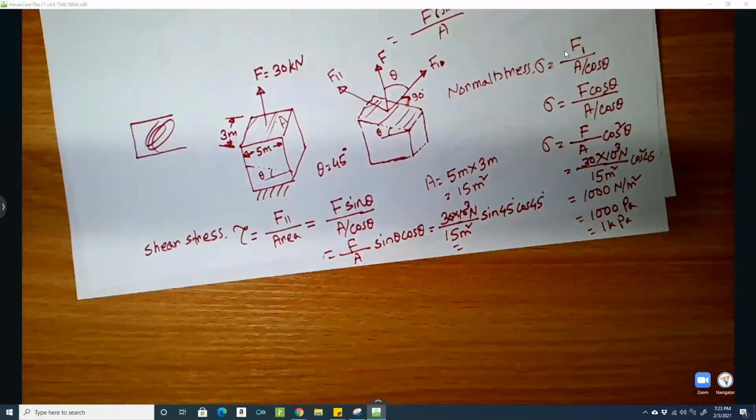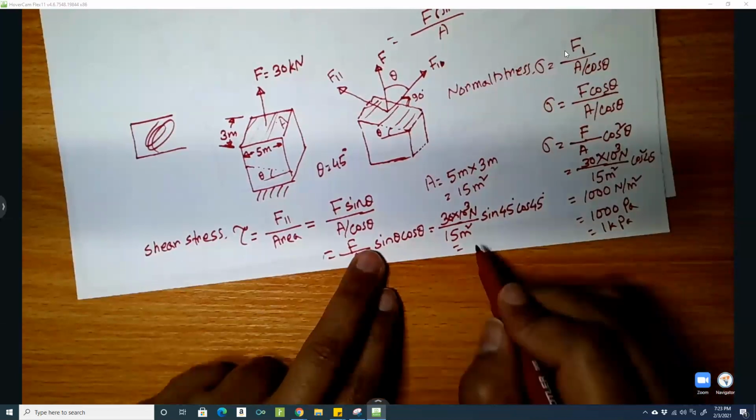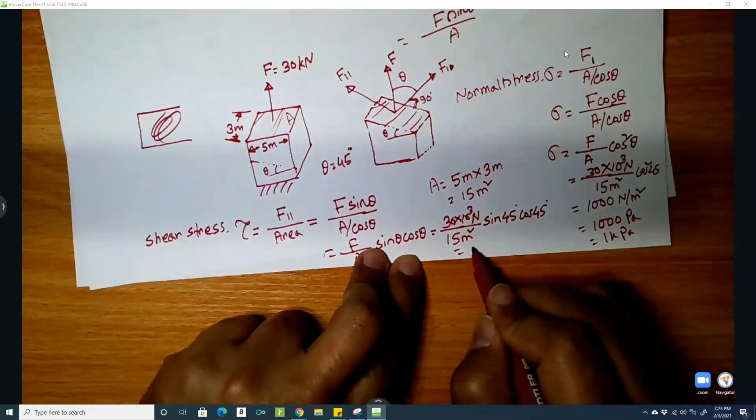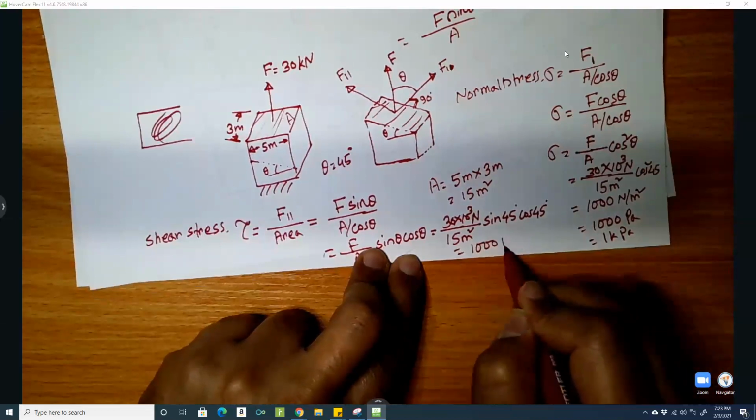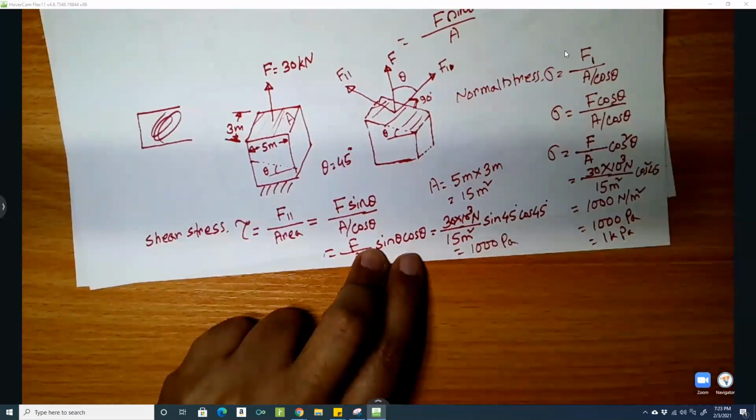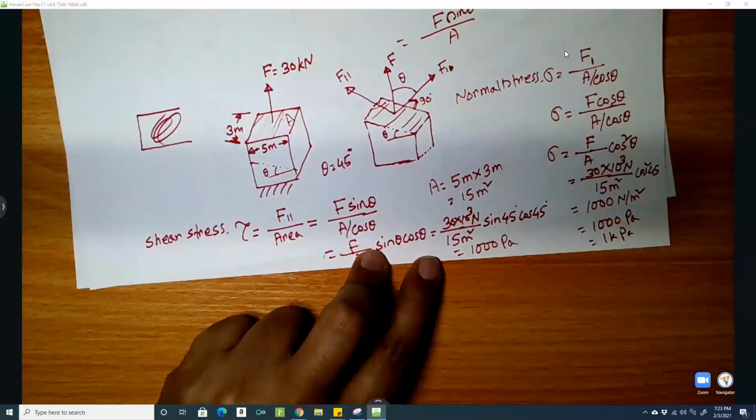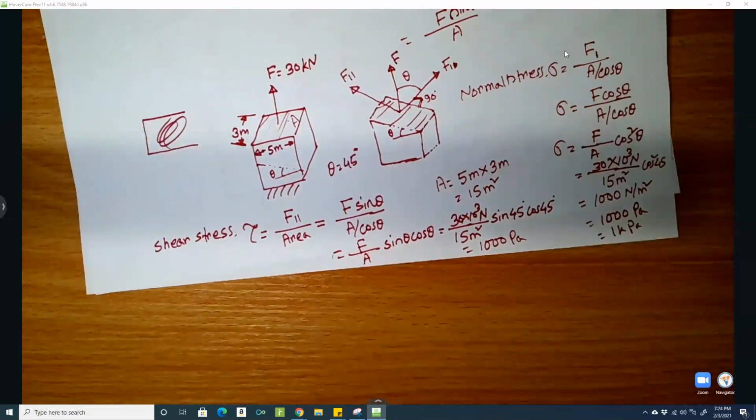Let me calculate this one. This is also 1000 Pascal.